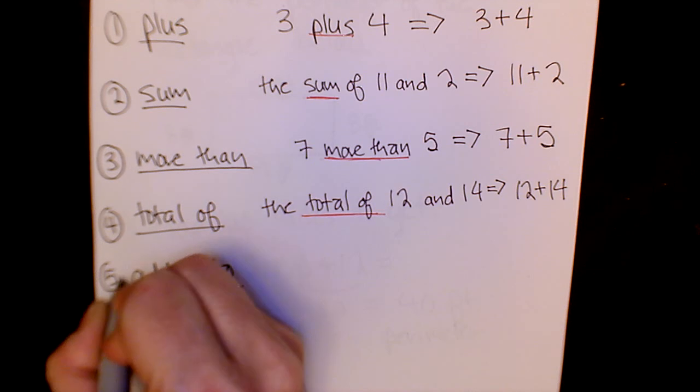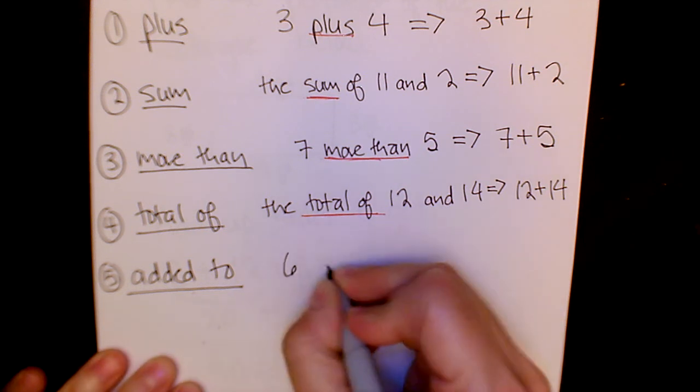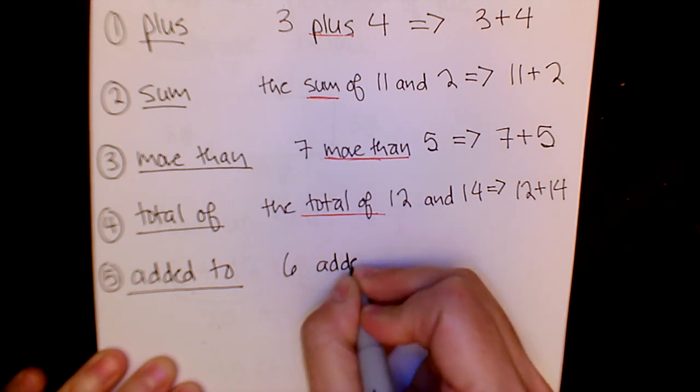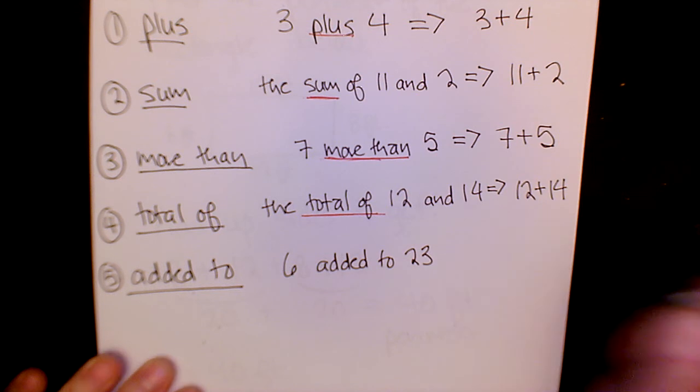The last one is added to. An example of that would be 6 added to 23.